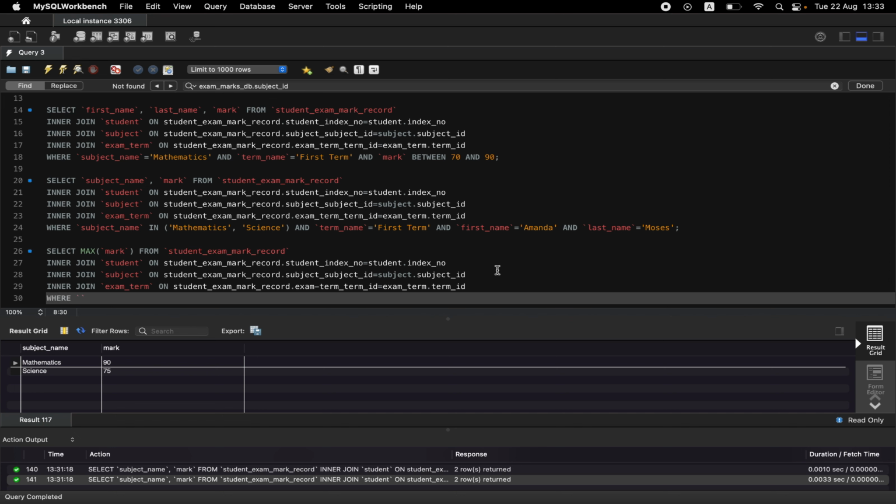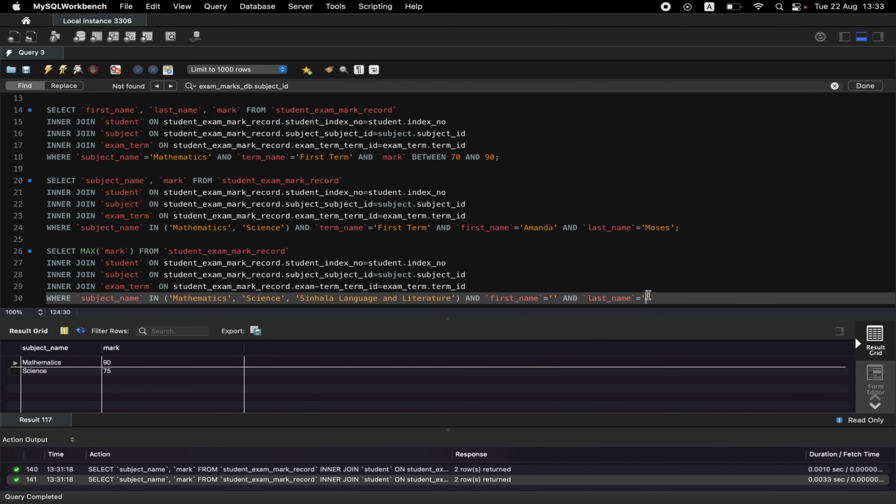where subject name in mathematics, science and Sinhala language and literature, and the first name and we need the last name as well.